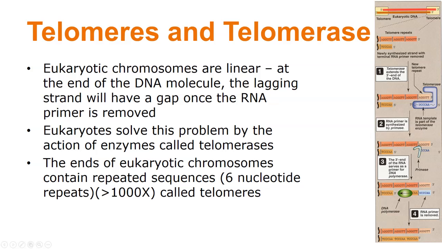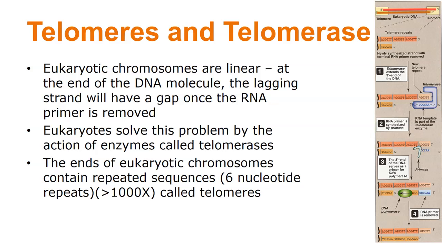However, one thing that you do have to deal with in eukaryotes that you don't have an issue with in prokaryotes. In prokaryotes, with a circular piece of DNA, what I showed you is enough to replicate the entire DNA molecule. There's no other enzymatic activity required. However, when you have a linear DNA molecule, and all of your chromosomes are linear, you end up with an issue.